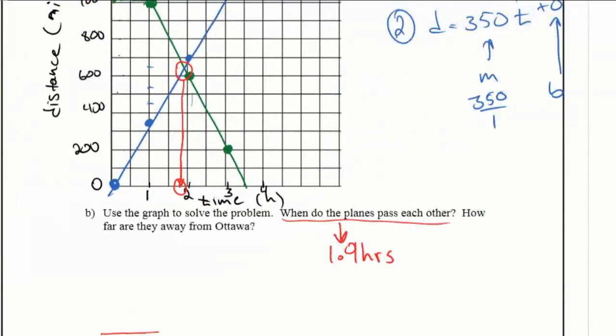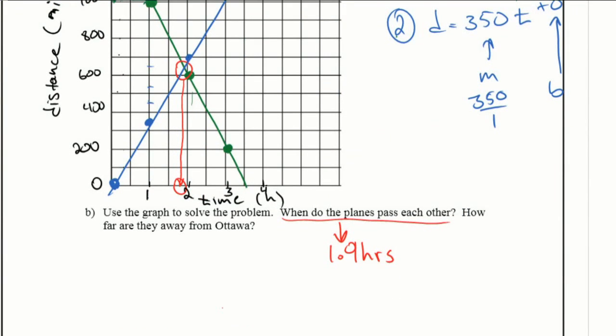And then how far away from Ottawa are they? We're given the distance from Ottawa is this axis here, so I'm going to go across. It's just above 600. It's below 700. Maybe in the middle of 6 and 7, we can call it 650.